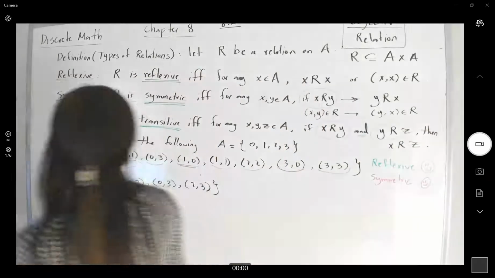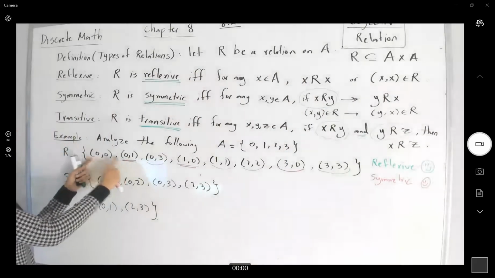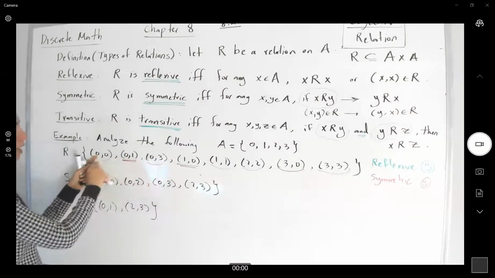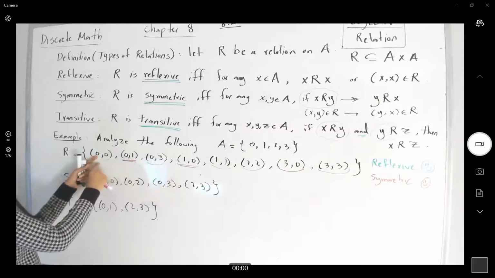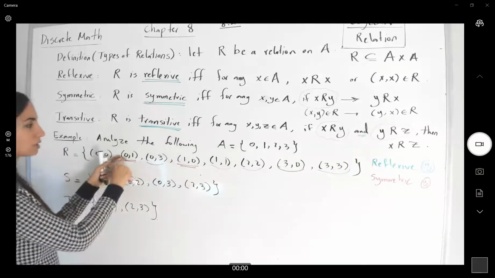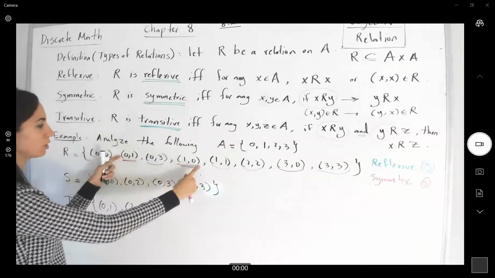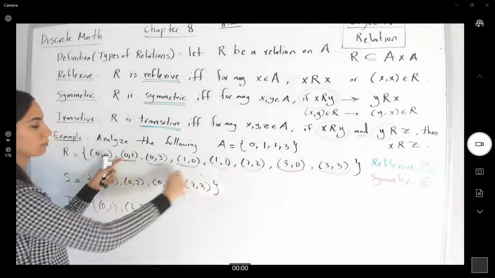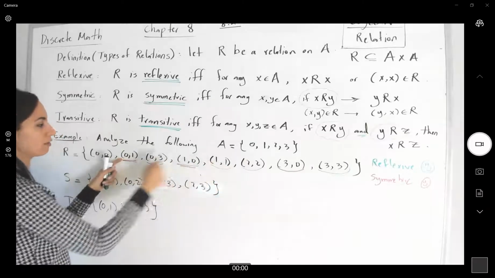I have (0,0), (0,1). I have (0,1). (0,0), (0,3). I have (0,3). What else do I have here? I don't have any 0 to be worried about. (0,1), (1,0), (0,0) is here. (0,1), (1,1), I get (0,1), which is just right here.